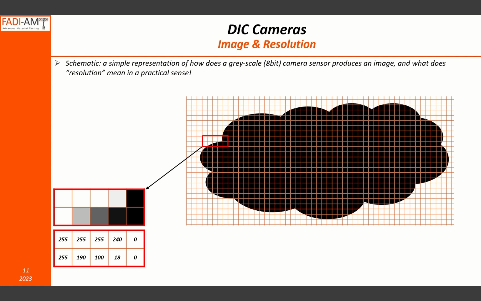Because it's 8-bit, you have 256 shades of this gray, and the sensor will assign one of those 256 gray values to that particular pixel, and that's it. So if you have a pixel that sees all white, such as the top left corner, your sensor will read 255, and if it's completely black, such as the bottom right corner, the sensor will read it as 0.